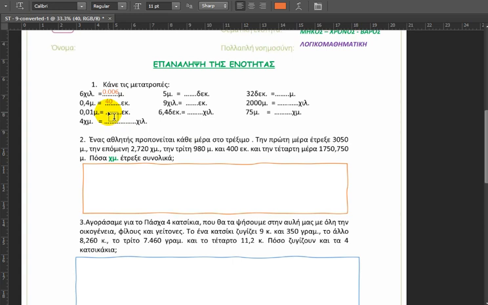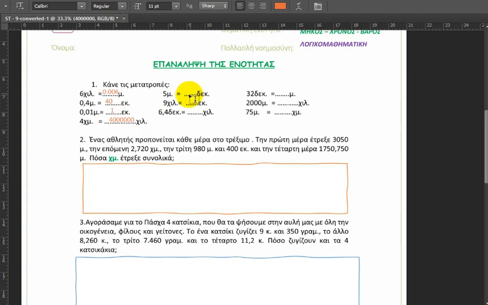Then 0.01 meters into centimeters, so times 100 gives me 1. And 4 kilometers into millimeters means I need to multiply by how many? 6 steps down, so that's 1,000,000. So that will give me 4 million. 3 zeros and another 3 zeros. 4 million. 4 with 6 zeros after it.